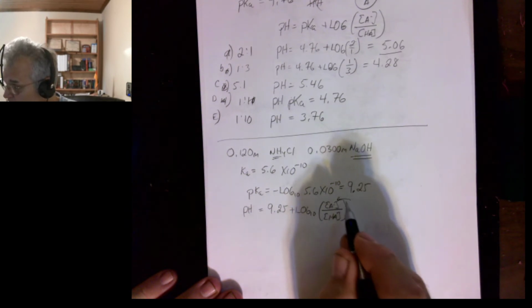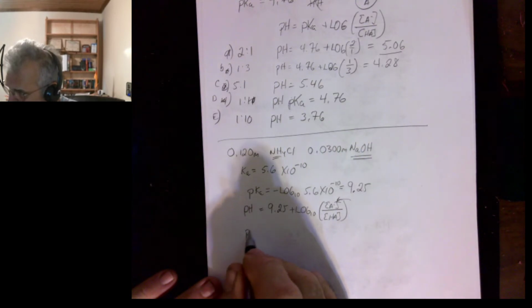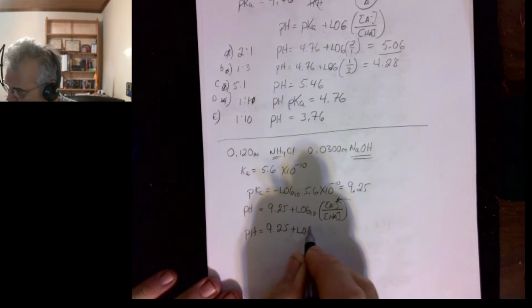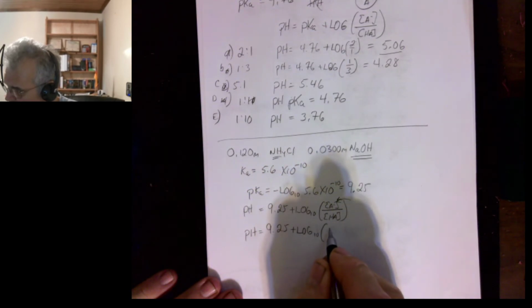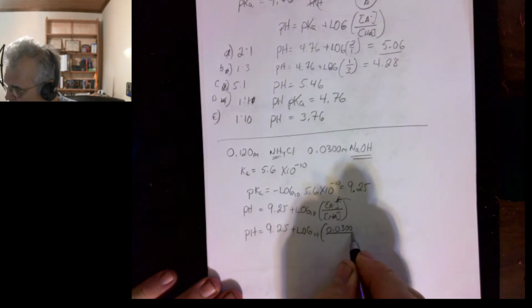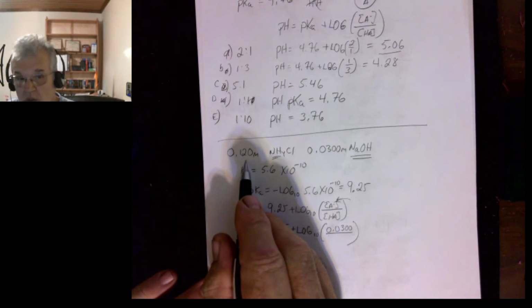For every mole of NaOH added, I form a mole of A minus. So it must be pH equals 9.25 plus log base 10 of 0.0300 divided by HA. Well, I had 0.120 molar for HA right here, right?